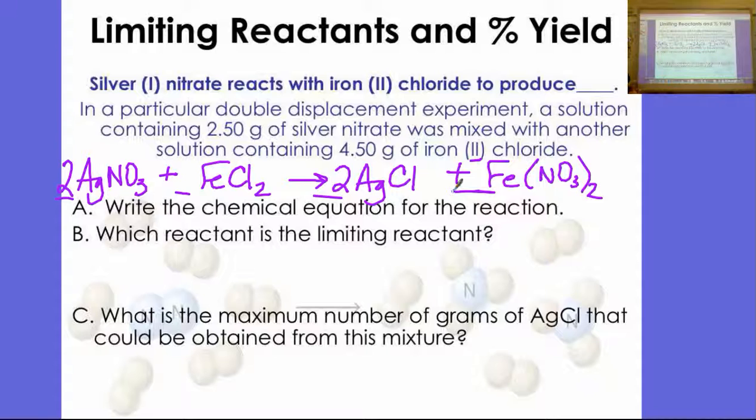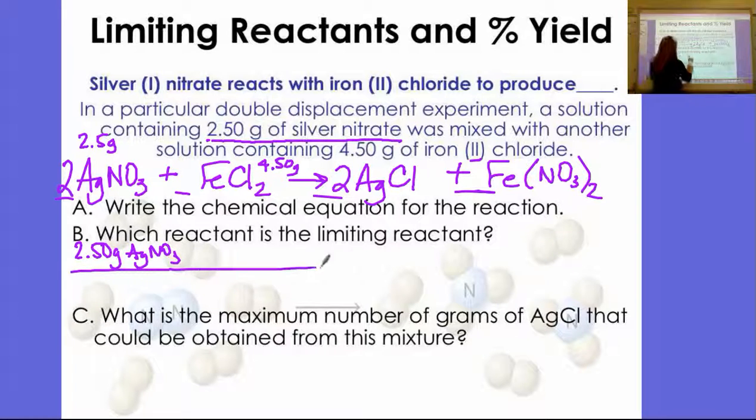Now, which reactant is the limiting reactant? Okay. I'm given 2.5 grams of silver nitrate and 4.5 grams of iron chloride. Again, I just start with the first one. 2.50 grams of AgNO3. Converting grams to grams, 3 steps. Grams to moles, mole ratio, back to grams.